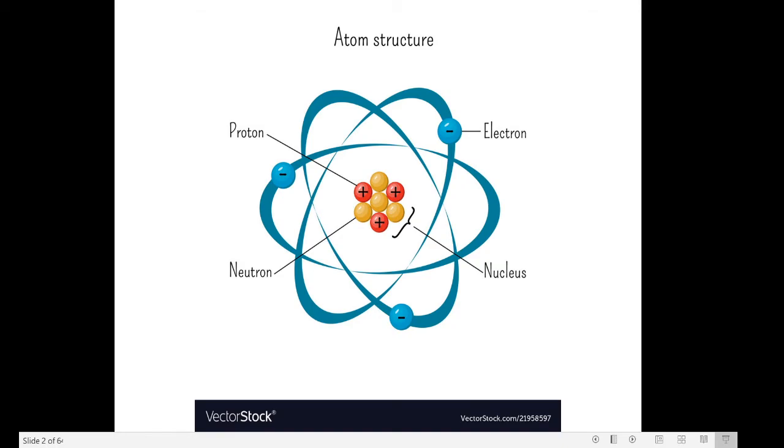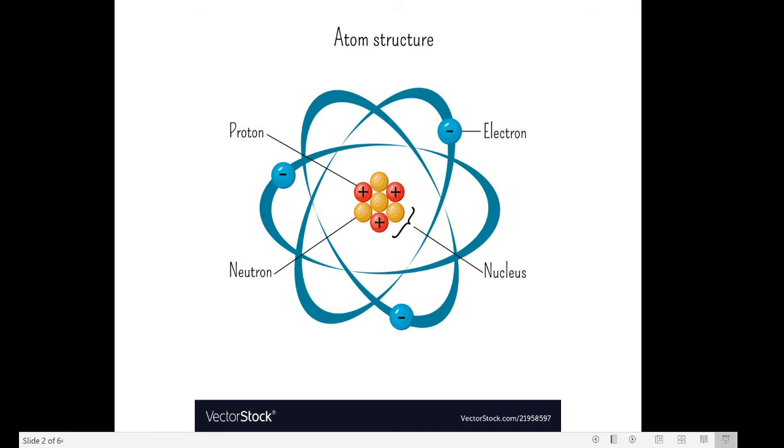These atoms are made up of protons, electrons, neutrons. The neutrons form the nucleus. The external surface of the atom has the electrons, and the inner space has the nucleus.